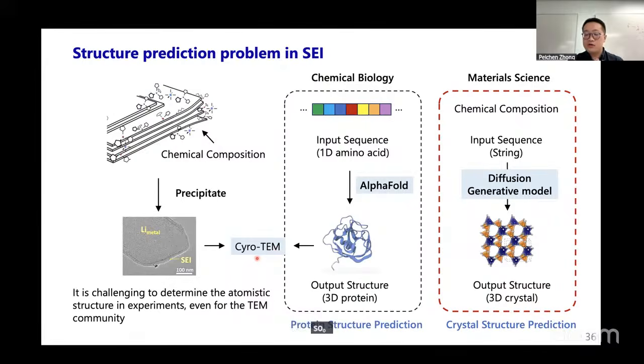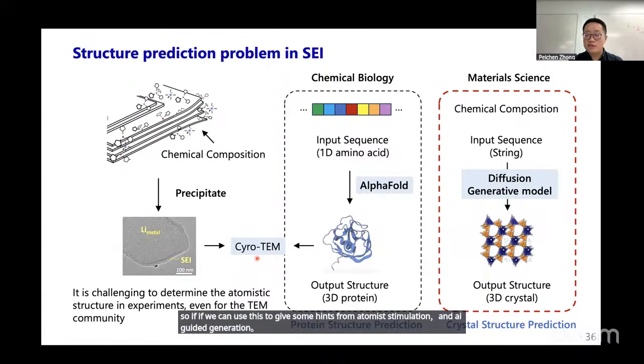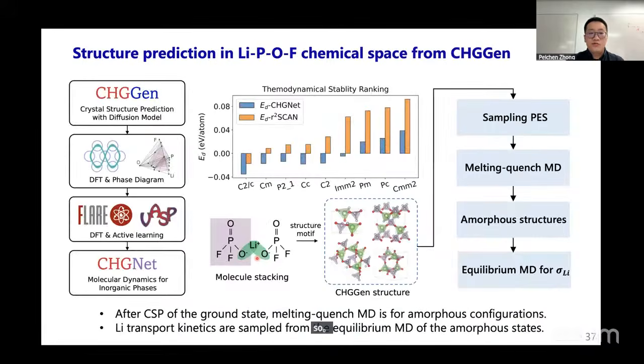So if we can use this to give some hints from atomistic simulation and AI guided generation, that would be great. So we used CHGGen to generate the crystal structures in this lithium phosphor oxide fluoride chemical space.